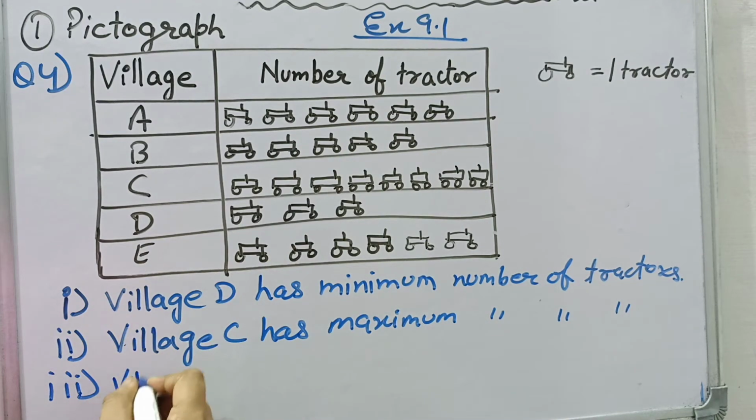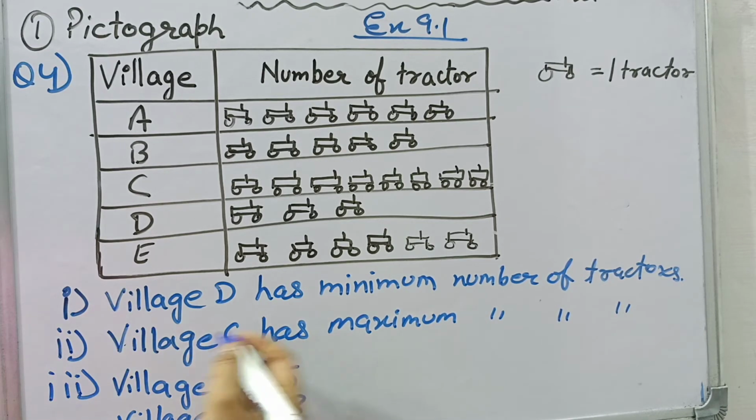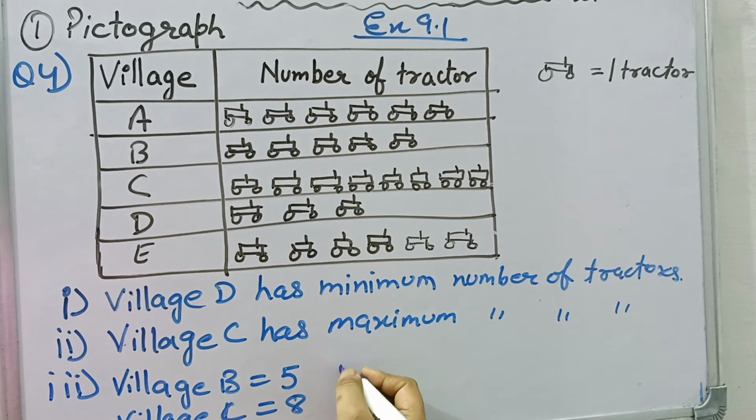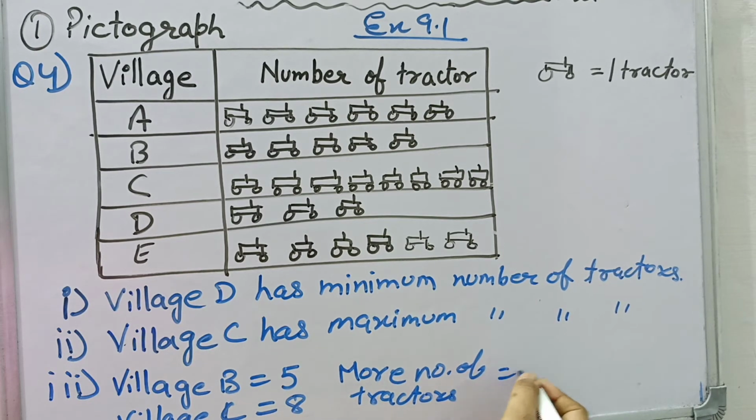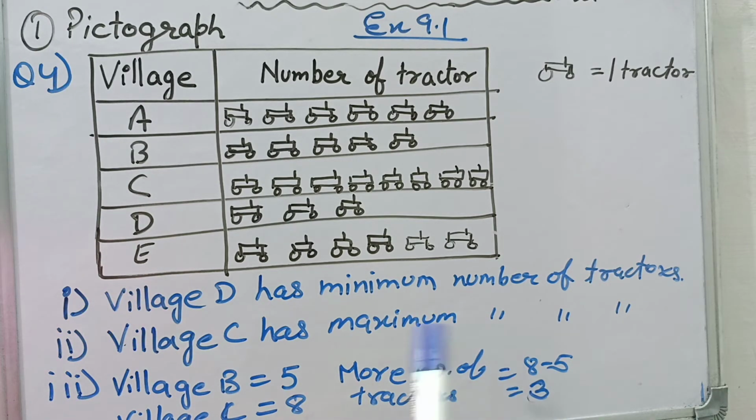So village B has 5 tractors and village C has 8 tractors. So the number of extra tractors is 8 minus 5, that is 3. There are 3 tractors which village C has more than village B.